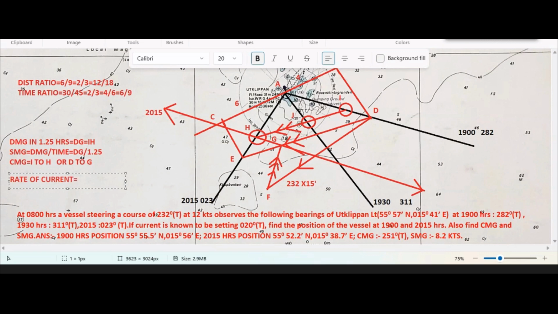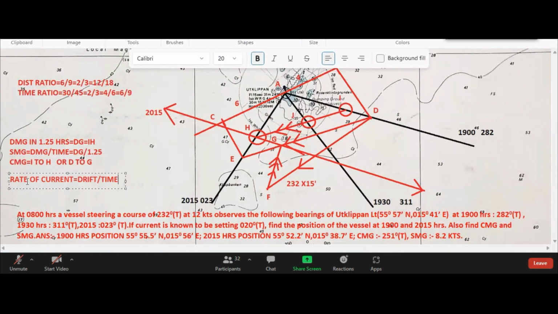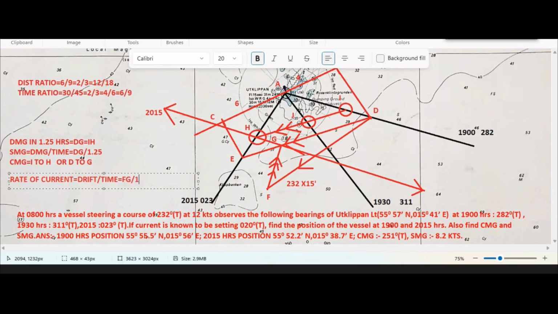But if they ask the rate of current, I can find out the rate of current. Drift divided by time. So what is the drift? Drift is your F to G. F to G is the drift. FG divided by 1.25 is my rate of current. If they ask, they have not asked, so I am not doing it.